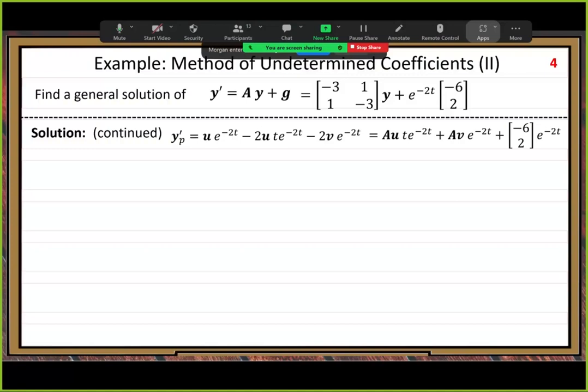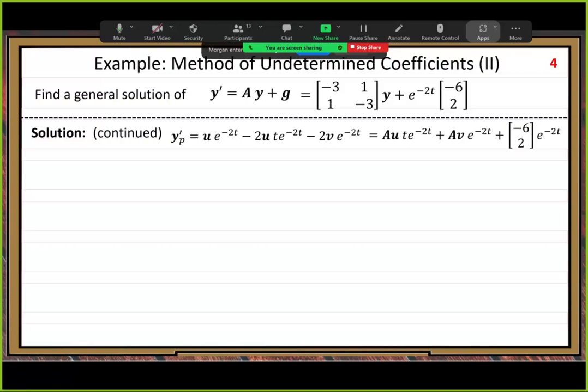If you treat it in that way, then you look at the function part: e to the negative 2t, e to the negative 2t, here t times e to the negative 2t.